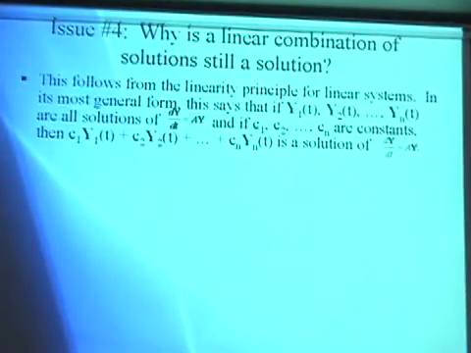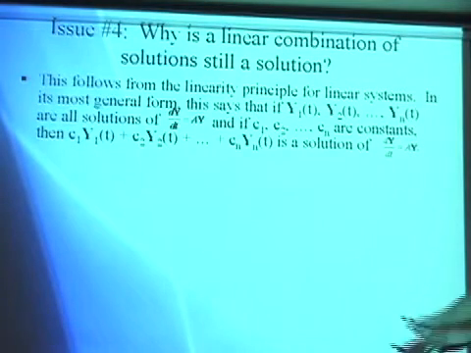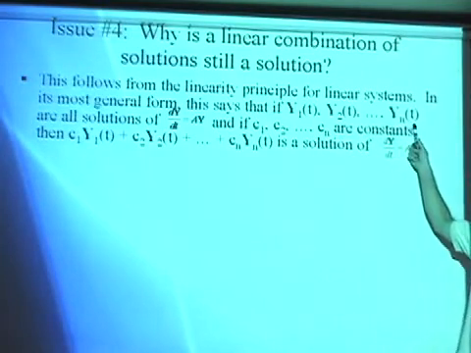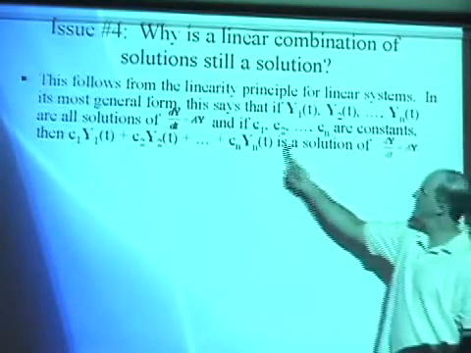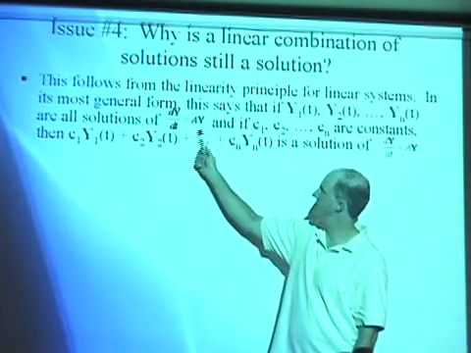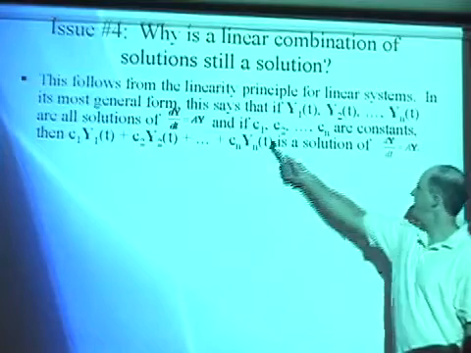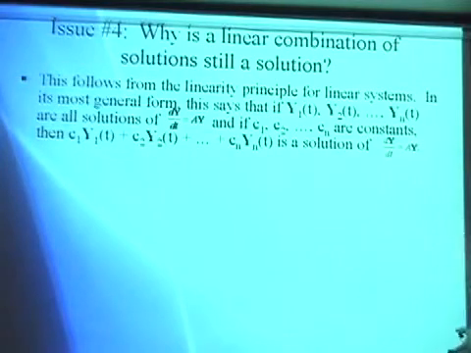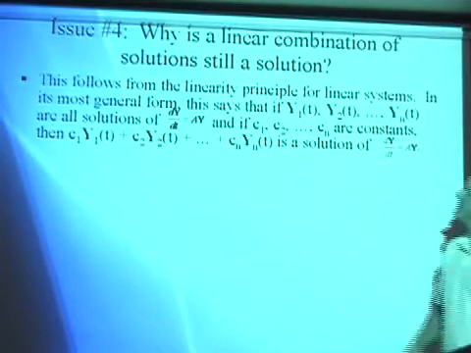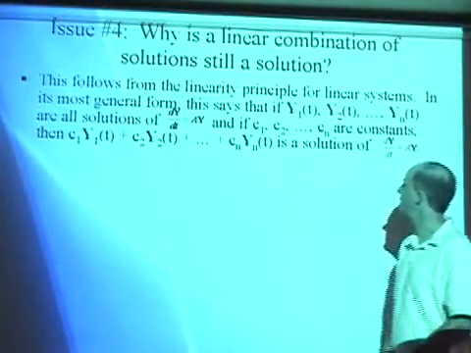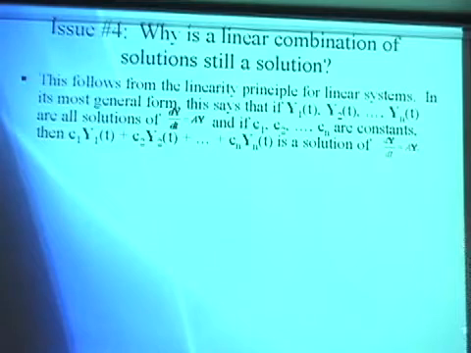In its most general form, it says that if you've got n functions, y1 of t, y2 of t, up through yn of t, that are solutions of this n-dimensional linear differential equation, dy dt equals Ay, and if you've got n constants, c1 through cn, then this arbitrary linear combination of those functions, these constants are arbitrary, is also a solution of this equation.